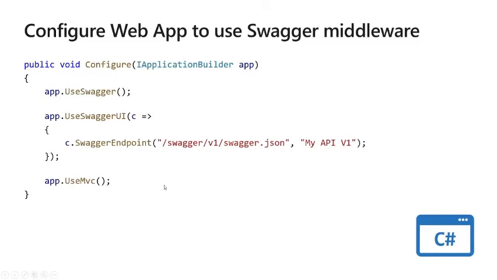Simple way. And to configure it, you can then use Swagger UI, and then you can tell your app that your Swagger UI should point to this definition. Simple.